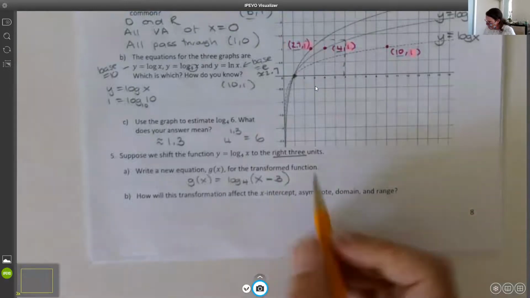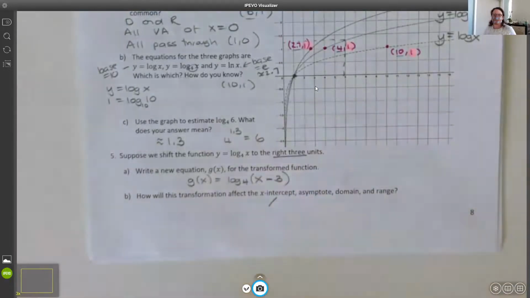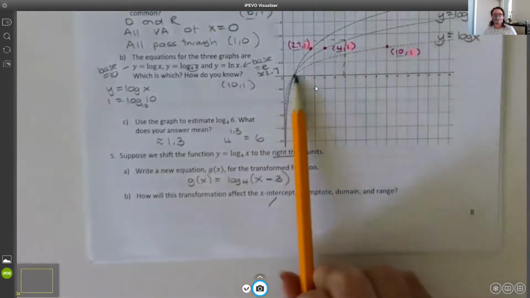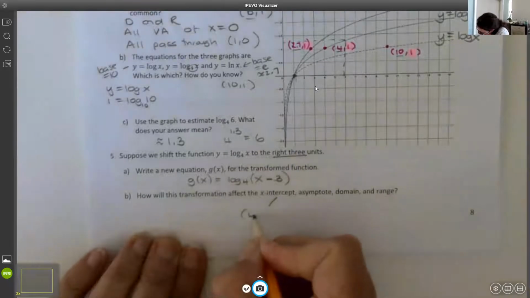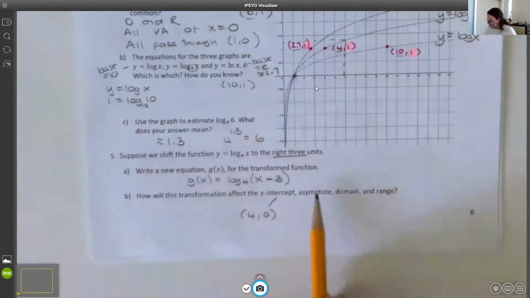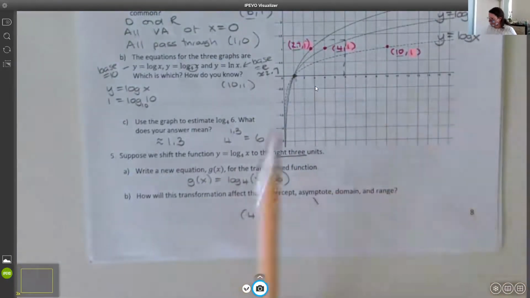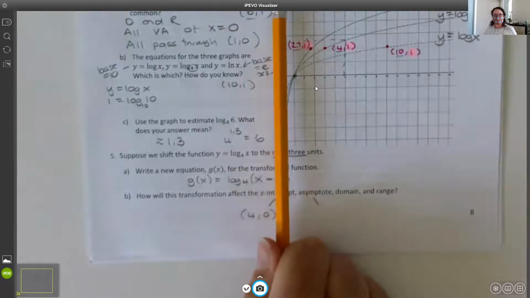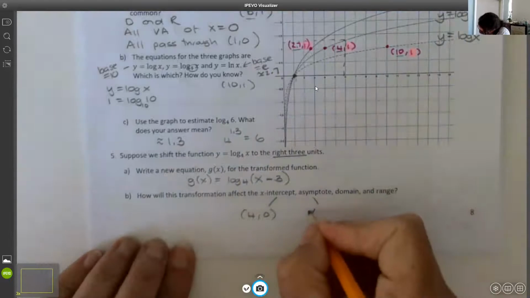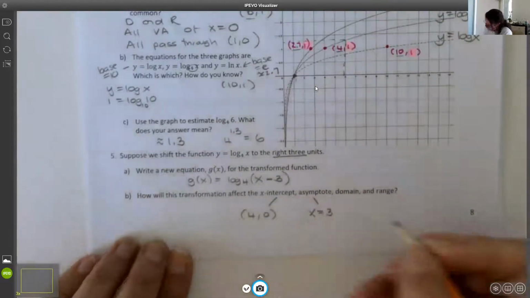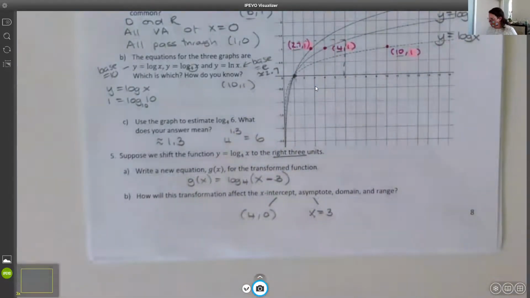What do you think the new x-intercept is going to be? Instead of being at 1, it's going to be at 4. What do you think the asymptote is going to do? Instead of being at x equals 0, it's going to be at x equals 3. It's going to shift to the right 3 units. Everything's going to shift to the right.